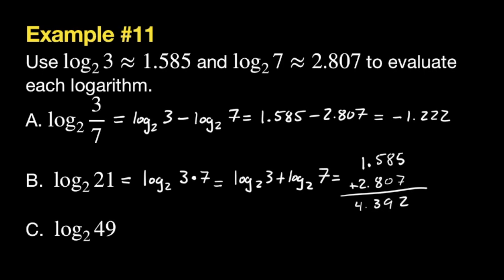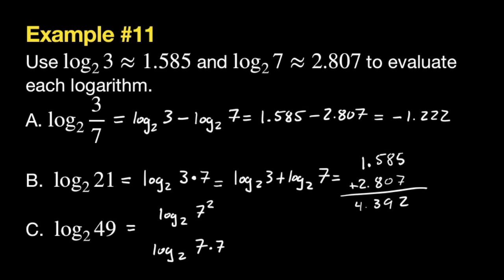For part C, we can do it in two different ways. You can do it as log base 2 of 7 to the second power, or you could technically do it as log base 2 of 7 times 7.